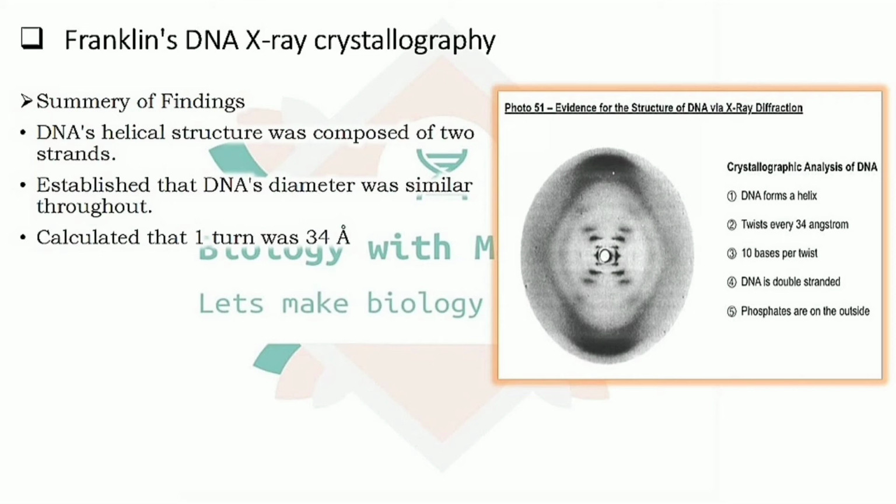So we will look into her findings. The DNA helical structure was composed of 2 strands. Then she established that the DNA diameter was similar throughout. She calculated that one turn was equal to 34 Angstrom, and there are 10 bases per twist, and phosphates are on the outside, and DNA always forms a helix.